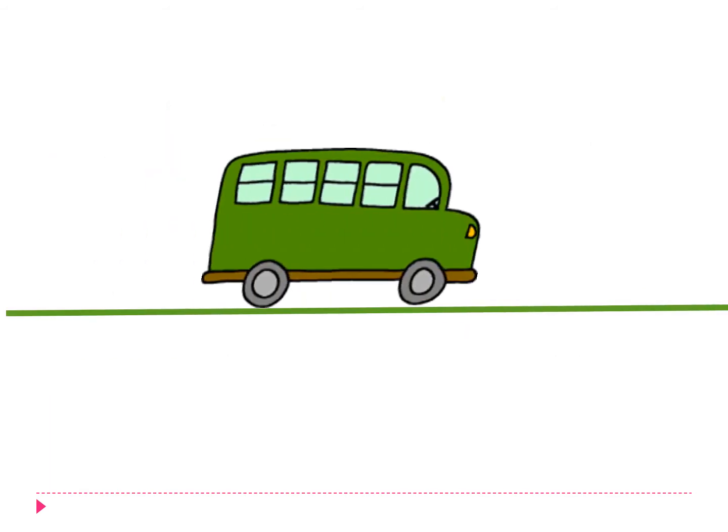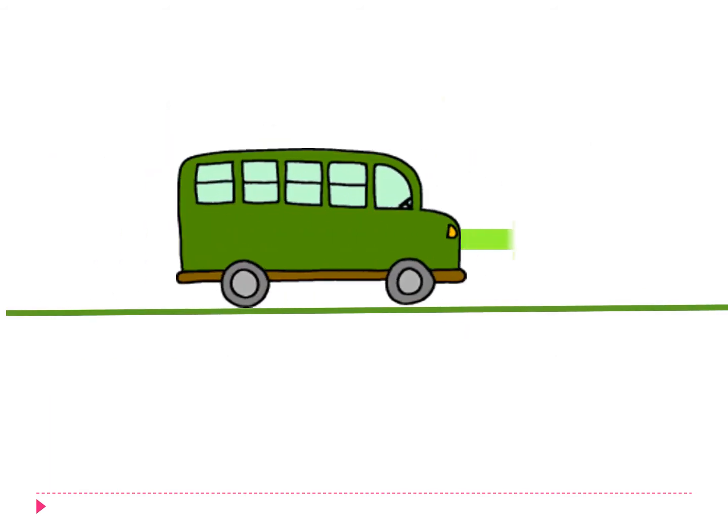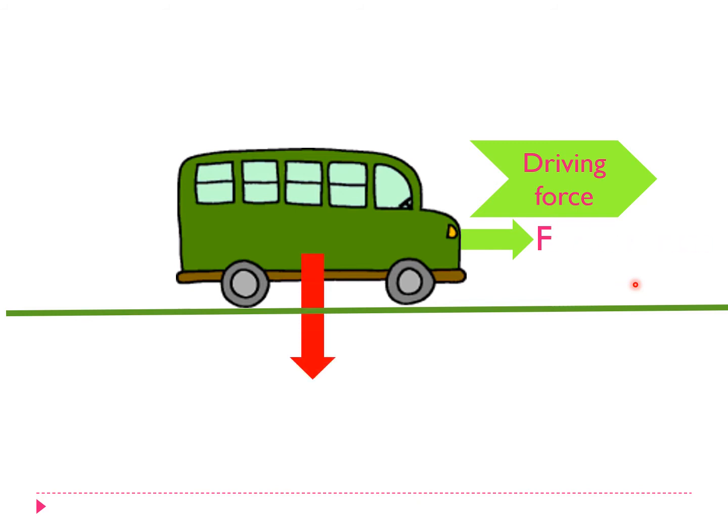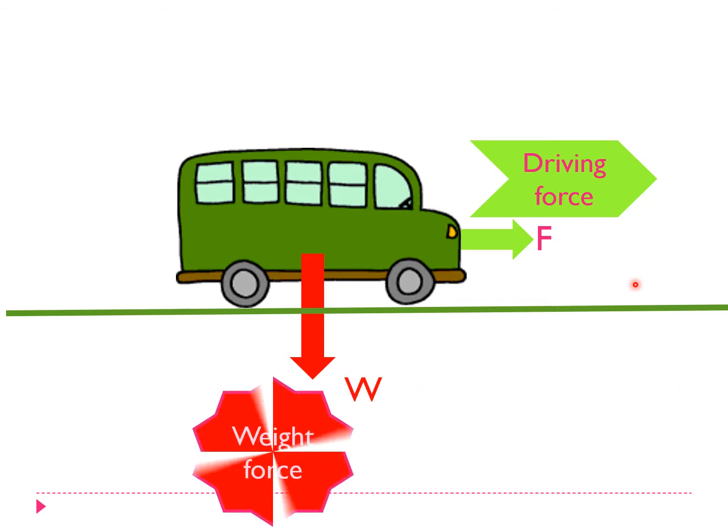Look to this car. To find the direction of the forces acting on this car: first one, driving force, F. The second one is the weight of the car. The weight force.